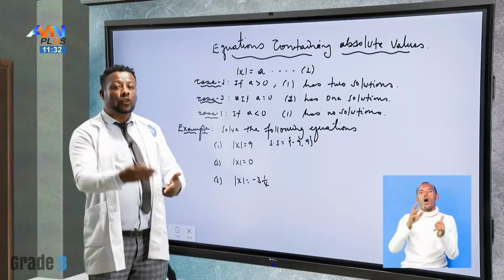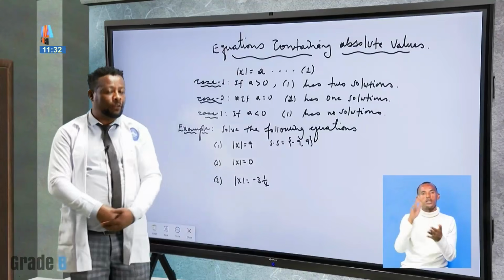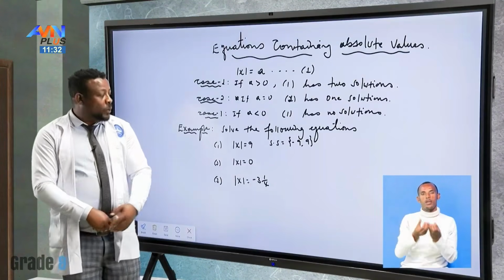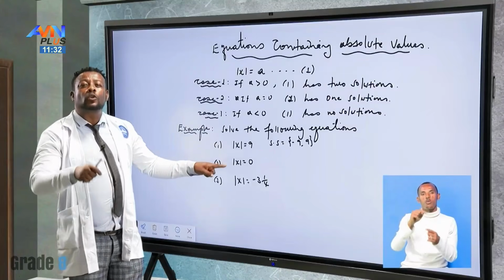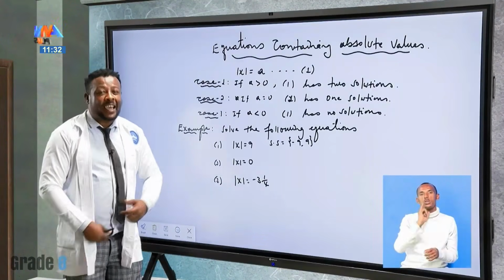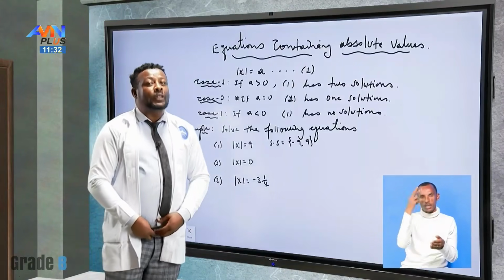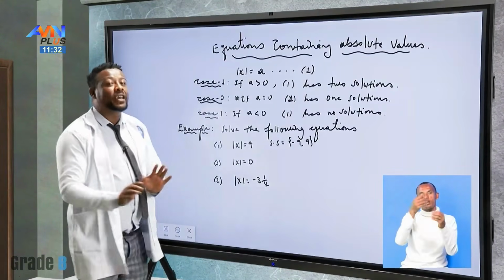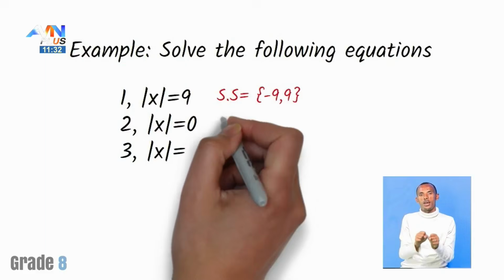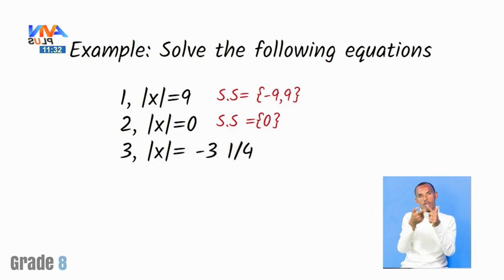This is how you need to respond to this kind of question. When we come to the B part, we are asked to find the solution for the absolute value of x is equal to 0. In this case, the only x value that gives this result is 0, okay? So the solution set for the second case is only 0.